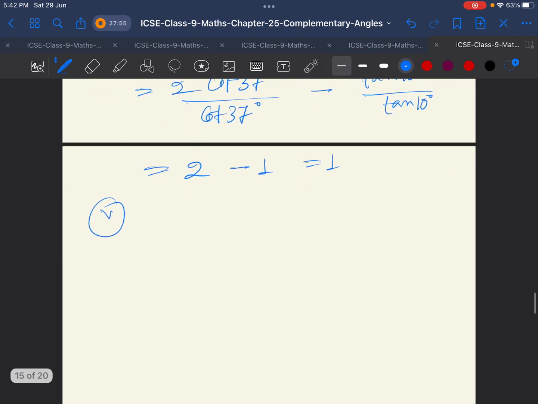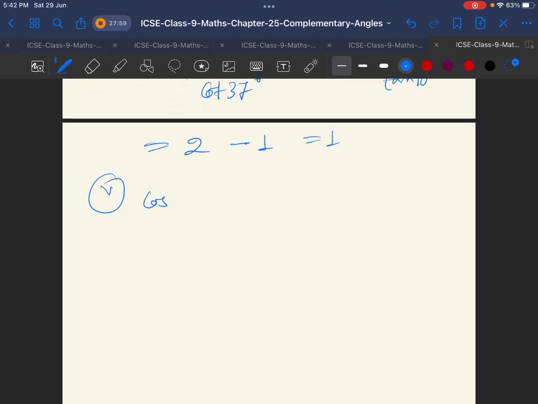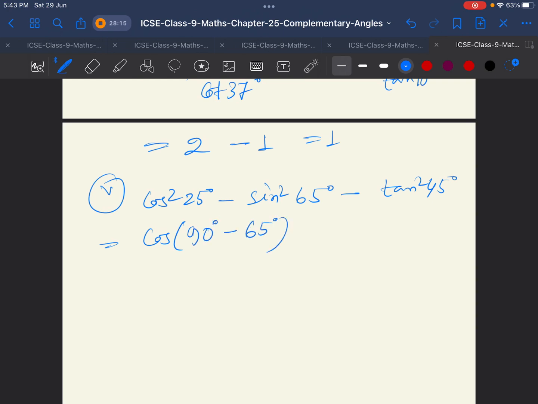Now question number 5: cos square 25 degree minus sin square 65 degree minus tan square 45 degree. We can write cos (90 minus 65) degree whole square minus sin square 65 degree.